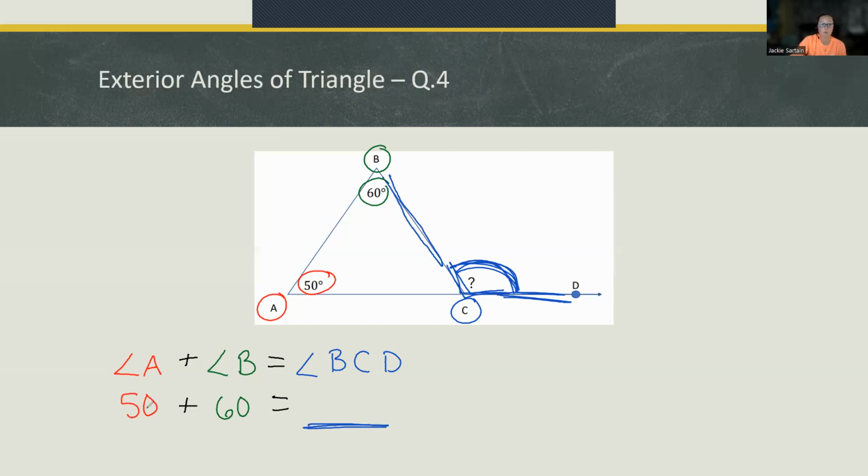So 50 plus 60 gives me 110, and so the measurement of BCD equals 110 degrees. You're simply plugging in your values and solving for whatever piece may be missing. So remember, angle A plus angle B equals that exterior angle of C.